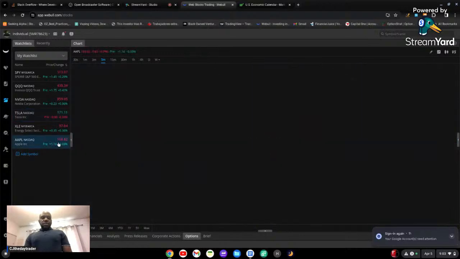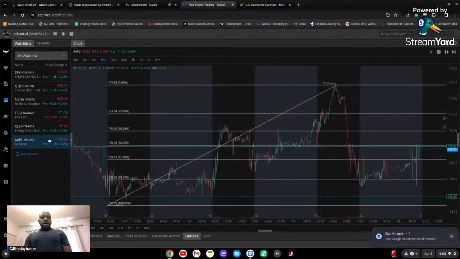The only other thing that I see here would be Apple, and Apple is actually lining up with the 50% fib level from top to bottom, April 2nd all the way up to April 4th.